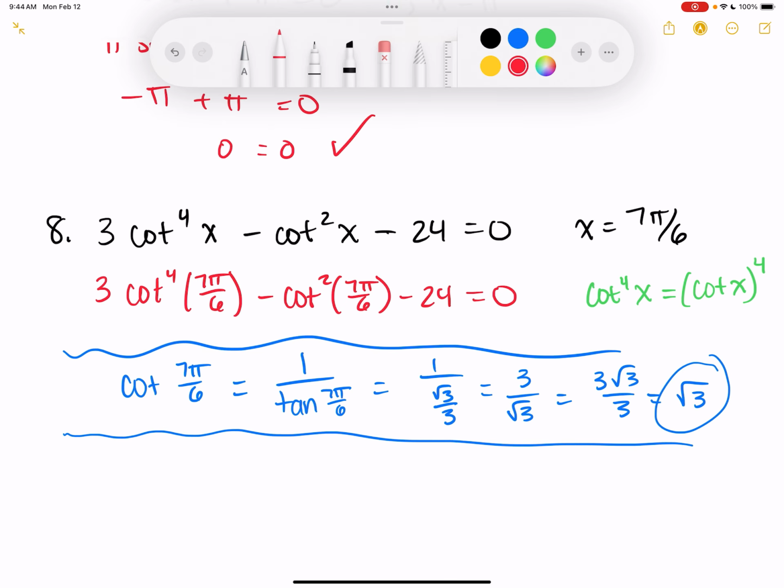So now, back to the problem from our brief intermission. 3 times the square root of 3 raised to the fourth minus the square root of 3 squared minus 24 equals 0.